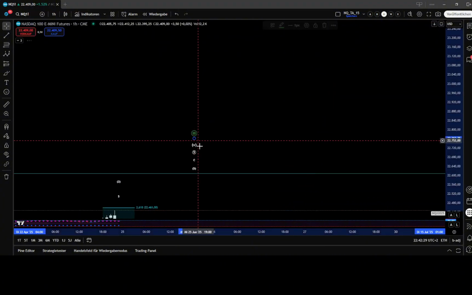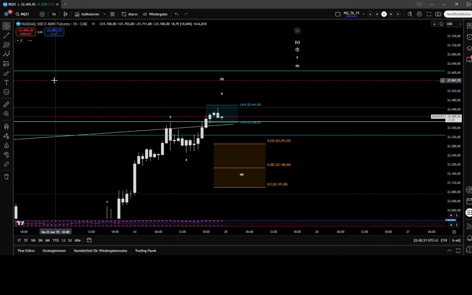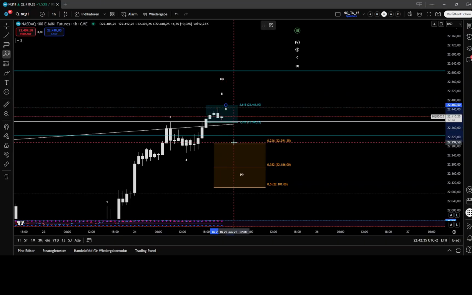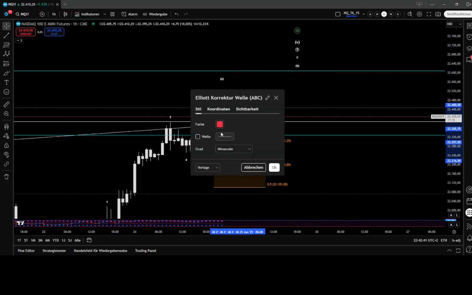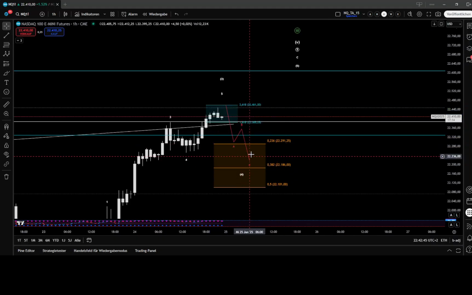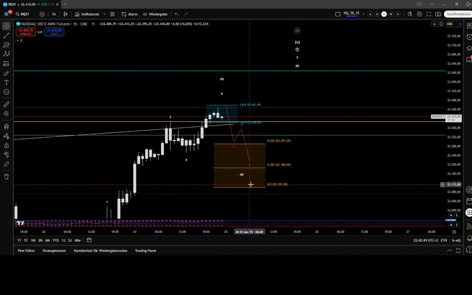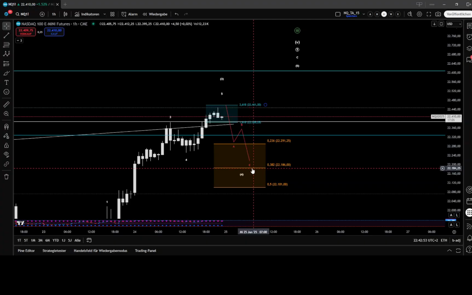There it is. So that would suggest that we have one more correction from our highs to our target area here, which is at the moment defined between 22,291 down to 22,101, with the most common target being the 38.2 retracement at 22,186.